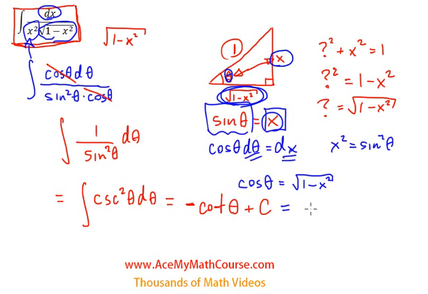I'm assuming, of course, that all of you are comfortable with your trigonometry. And so we have negative cotangent of theta, so that's going to be negative the square root of 1 minus x squared over x, because that's the adjacent over the opposite, plus c. And now this is the final answer. That's it.